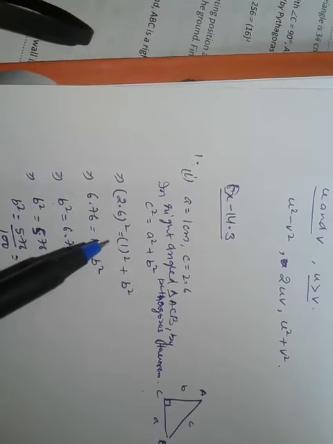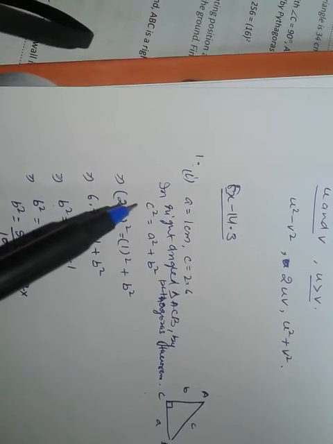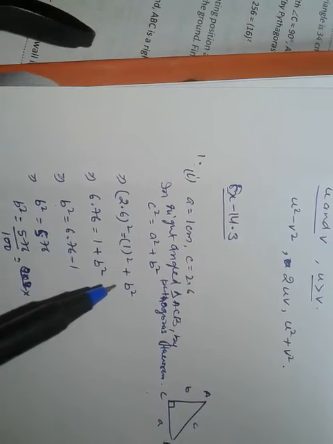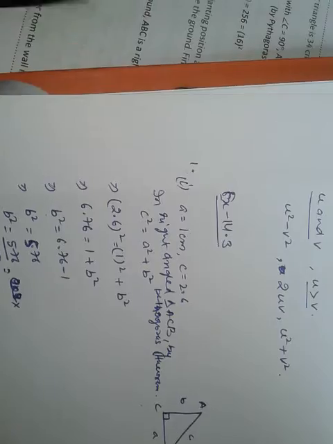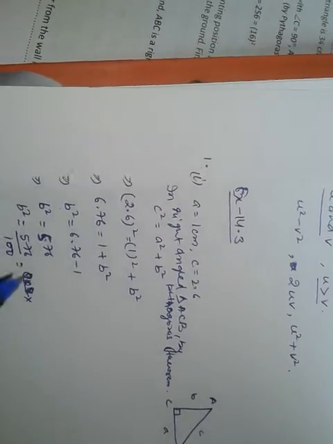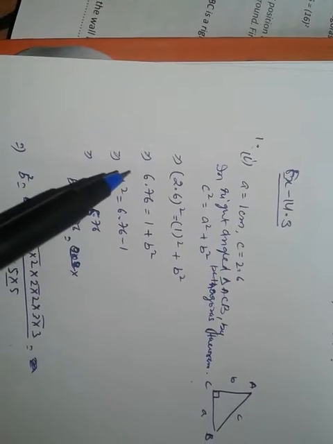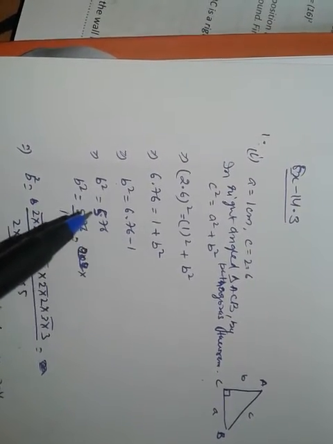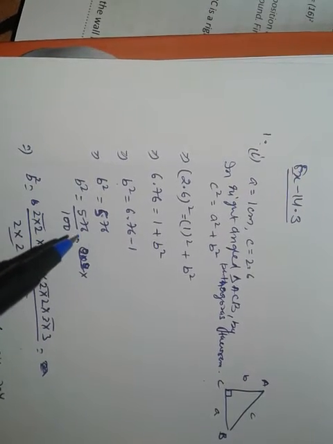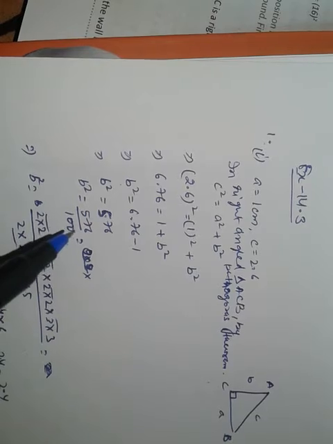We put the given values of a square and c square. 2.6 square is 6.76 equals 1 plus b square, and this 1 goes to this side. b square equals 6.76 minus 1, which becomes 5.76, and 5.76 we can write like this, 576 by 100.